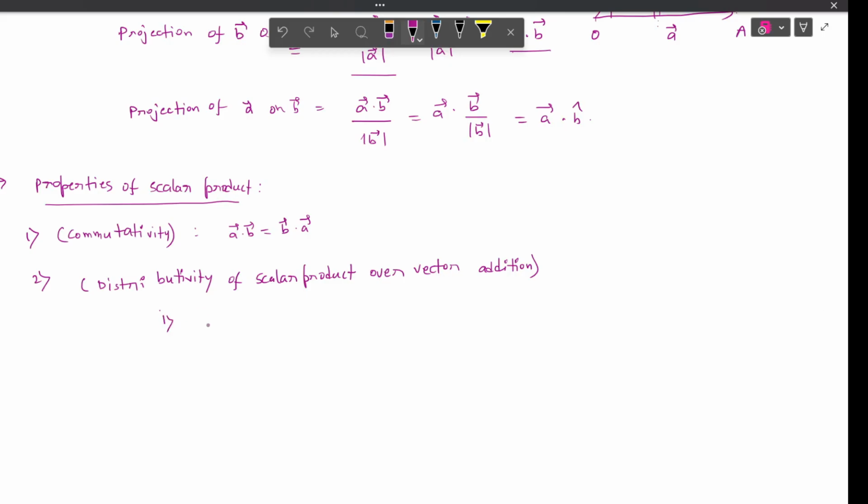So if we say A vector dot B vector plus C vector, it would be A dot B plus A dot C. A is on the left side, so it is known as left distributivity.